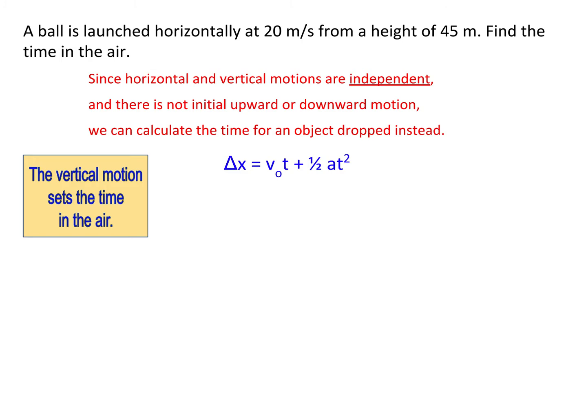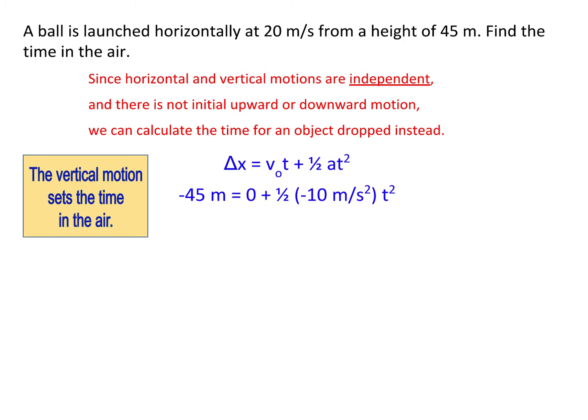Now, even though the problem has this 20 meters per second in it, and it seems as though that should be our initial velocity, that's a horizontal value. And we are just going to focus right now on the vertical part of the motion. And so we'll put 0 in for that v sub 0. We'll also put in negative 45 for the displacement, because the ball is ending up 45 meters below where it started.